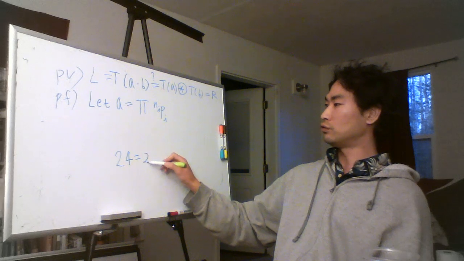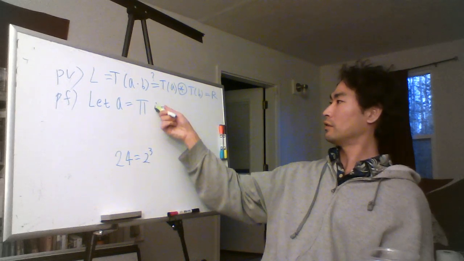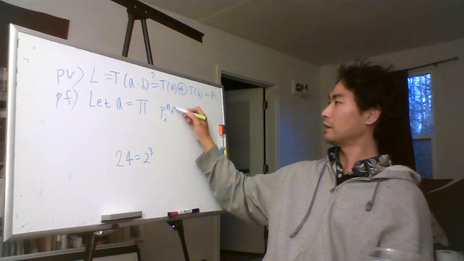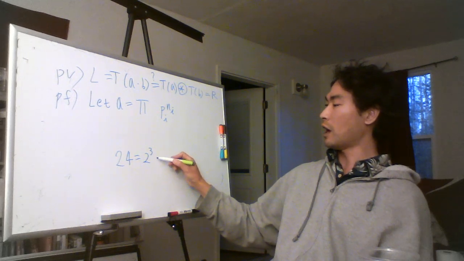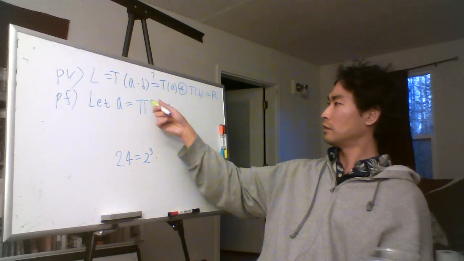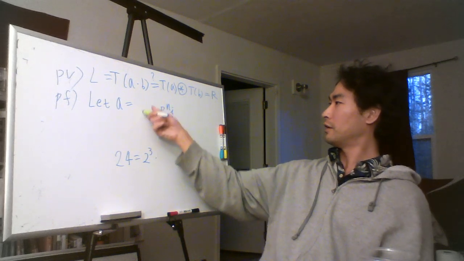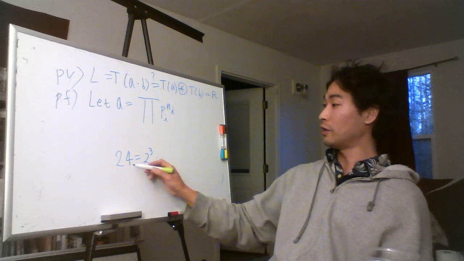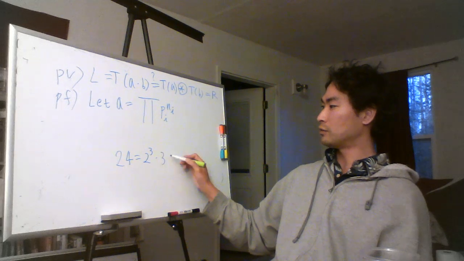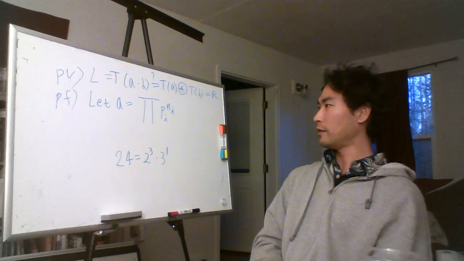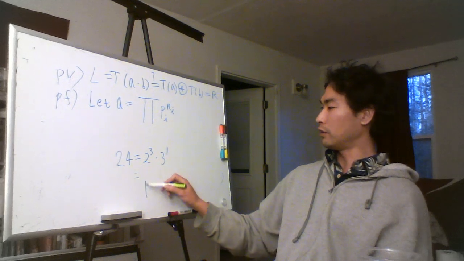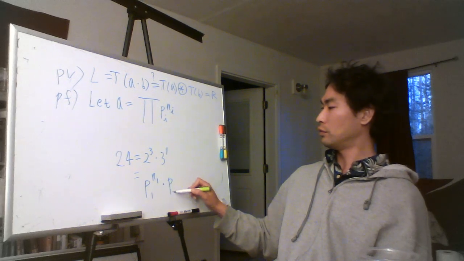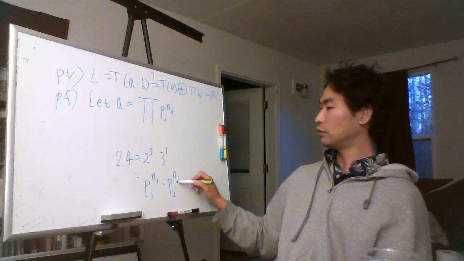So it is 2 to the third times 3 to the first. So it is equal to p1 to the n1 times p2 to the n2.